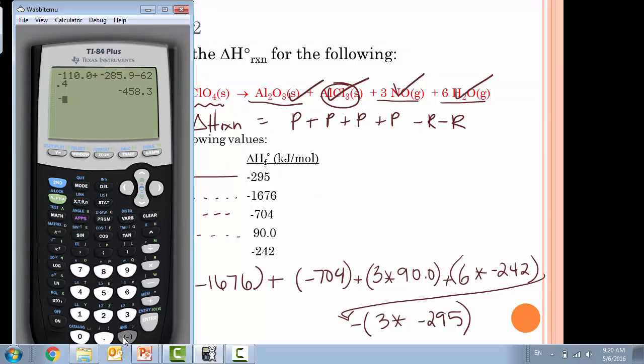So we take negative 1676 plus negative 704 plus, we're going to use some parentheses here, 3 times 90 plus 6 times negative 242.